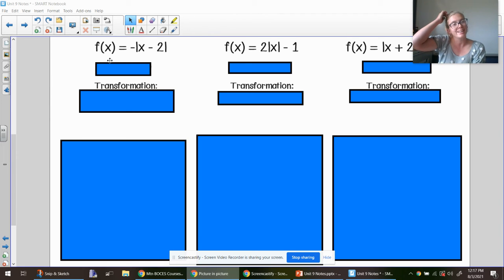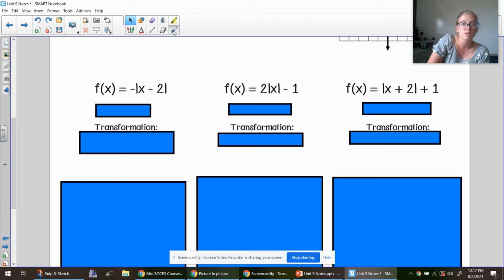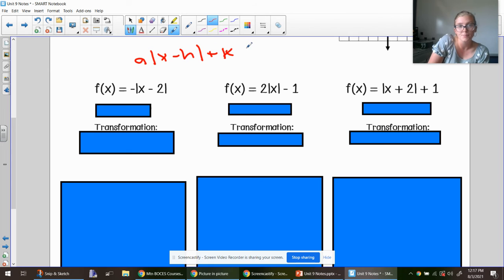So here we have f of x equals negative absolute value of x minus 2. Well, let's remember we have a times absolute value of x minus h, plus k. So the a value here is negative 1. h is going to be positive 2 because we changed the sign because of that subtraction.